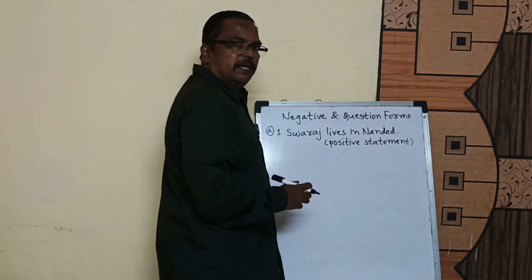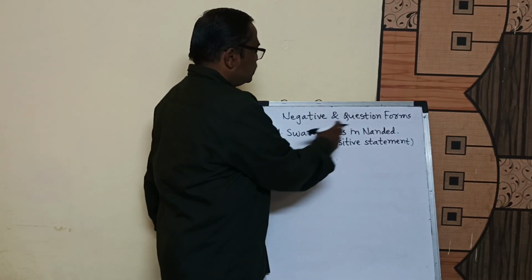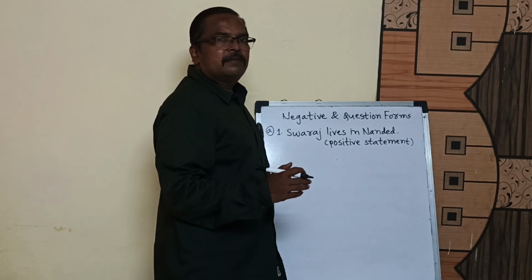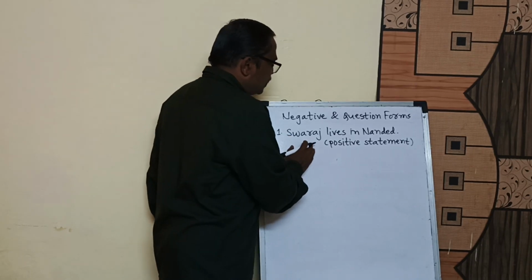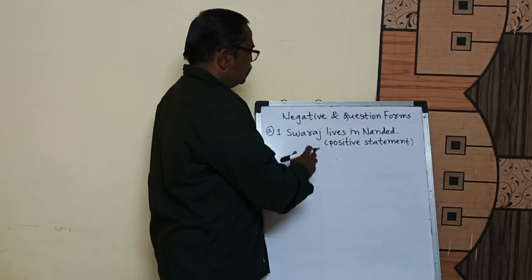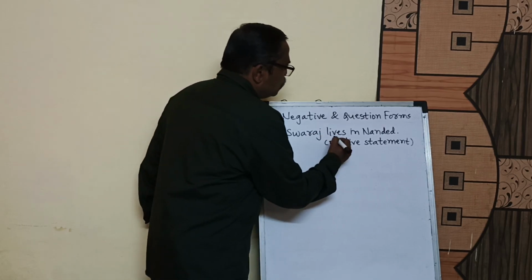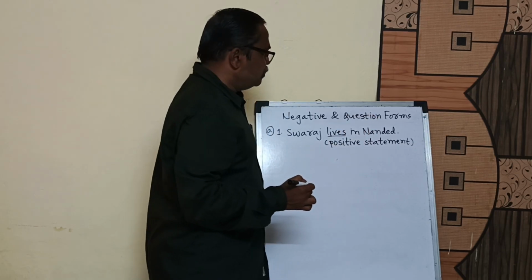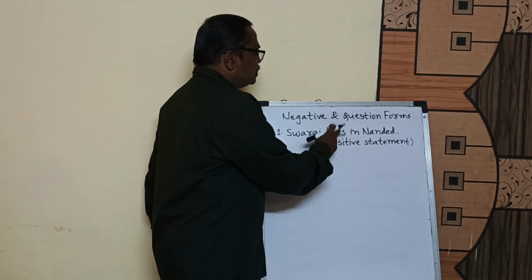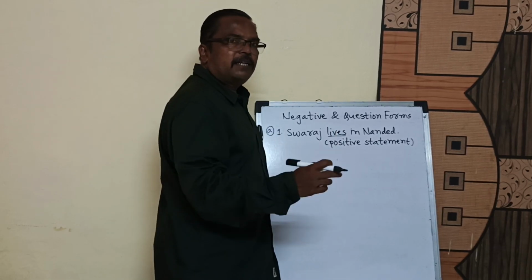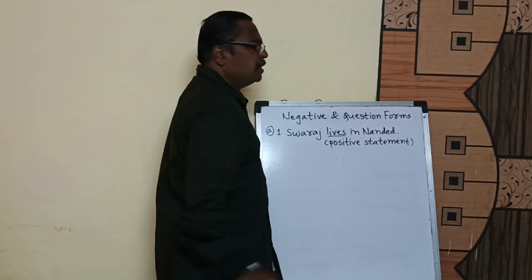See, students, the sentence is in simple present tense. We have identified the sentence in simple present tense through the main verb, lives. In this sentence, the main verb is live and it is attached with the suffix s.